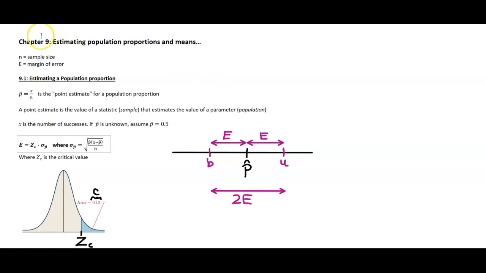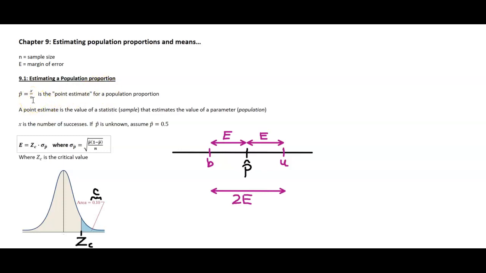So that would be our population proportion, the parameter, that would be 5%. But we don't ask every single voting age person in the population whether or not they would support an independent candidate. Instead, we take a sample of people and figure out from that sample what the proportion is.